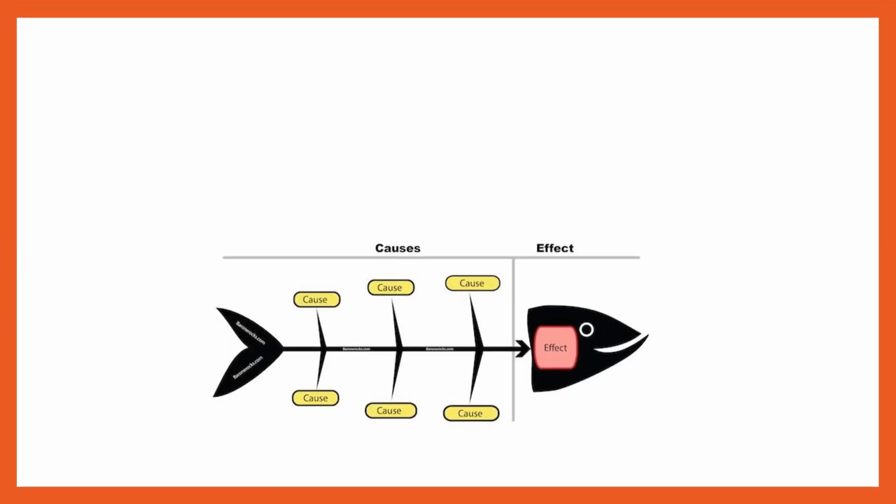So that's why it is also called the cause and effect diagram. What are the causes, and for that cause what has been generated, what has been produced, that is the effect of that diagram.